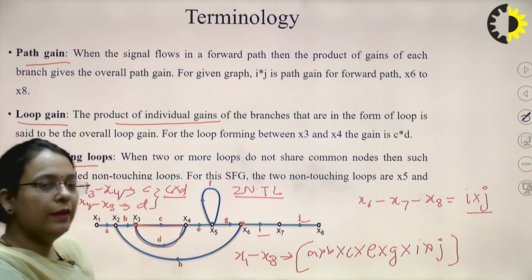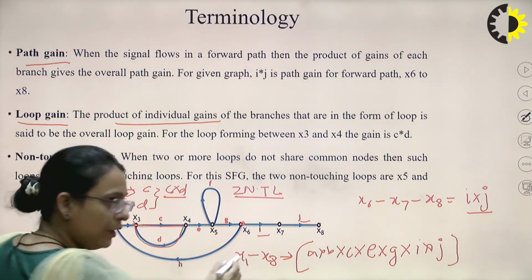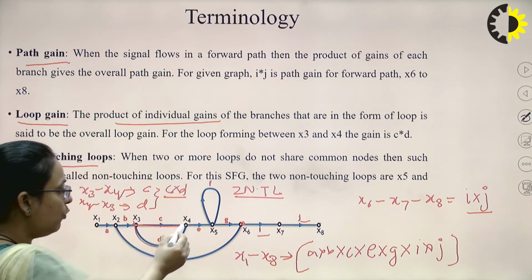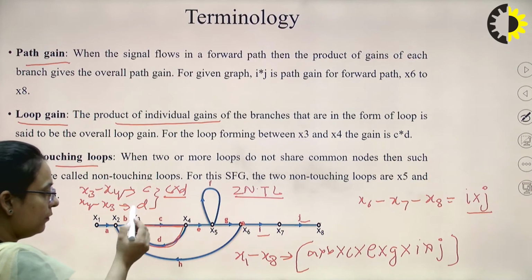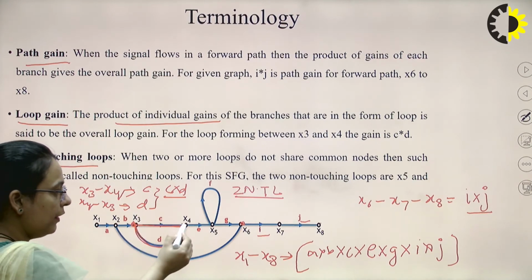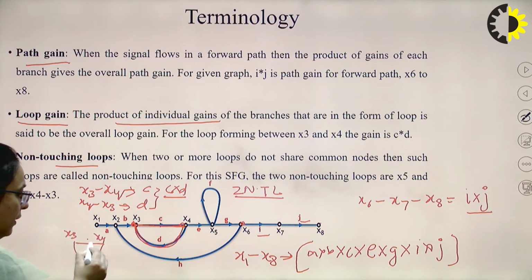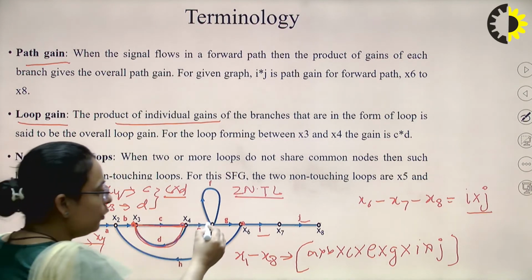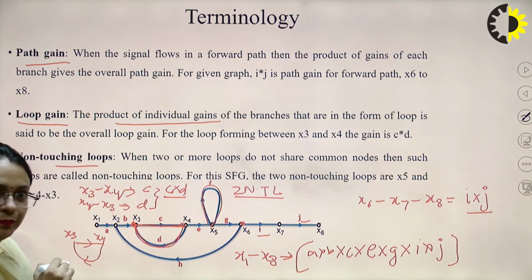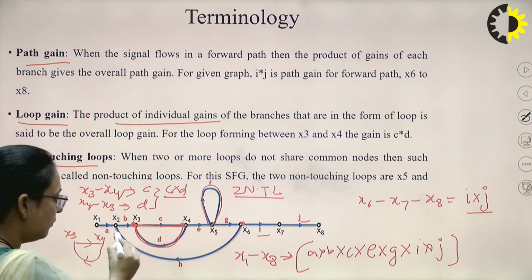See, in this figure, the loop X3 to X4 and back to X3 involves two nodes, X3 and X4. This is one loop. And another loop could be X5 only, at node 5, right?